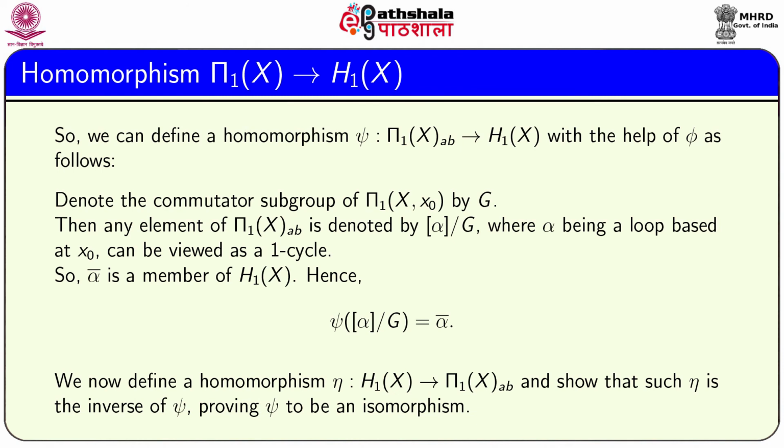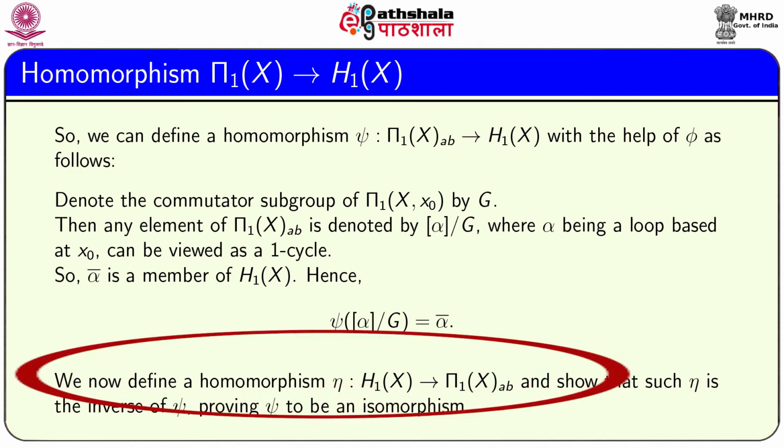So ᾱ is a member of H1(X), and hence we define the function ψ from π1(X)ab to H1(X) by sending the typical element [α]G to the element ᾱ.